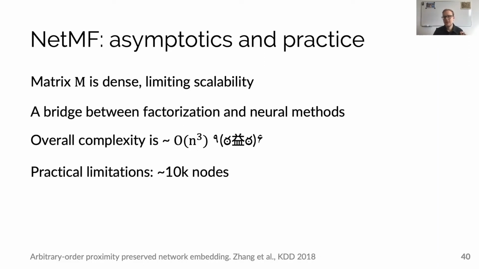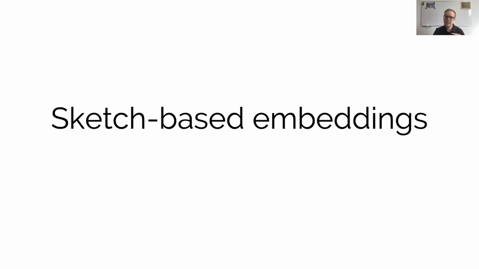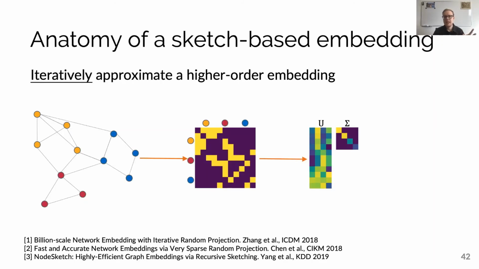And there are ways to scale this sort of methods a bit further. They're not as efficient as the methods that we will cover next. The methods we are covering now are sketch-based embeddings. A sketch is basically an approximation of the information that we would get.